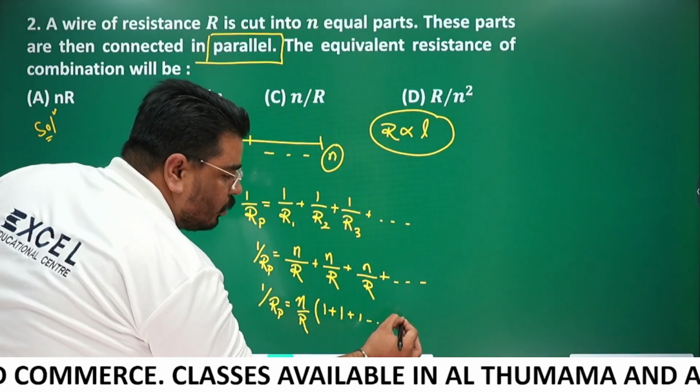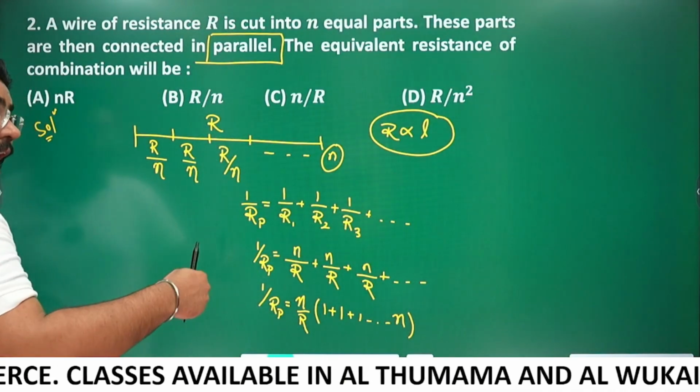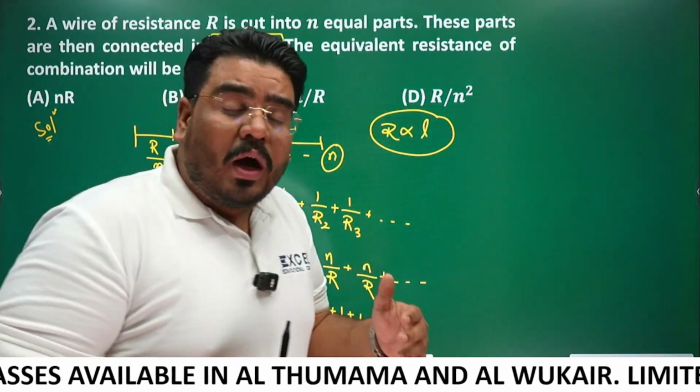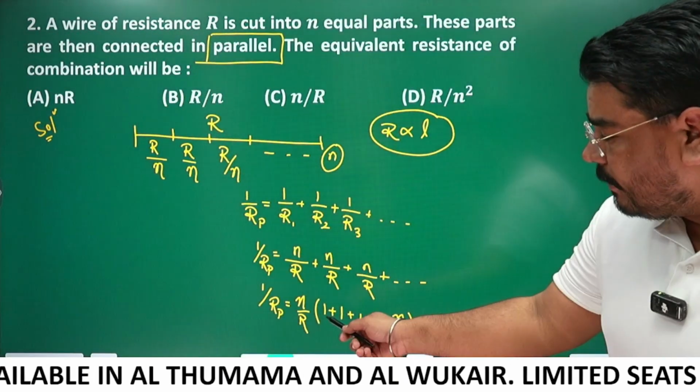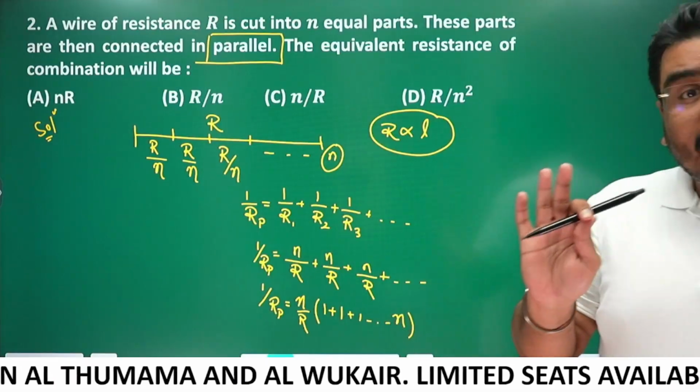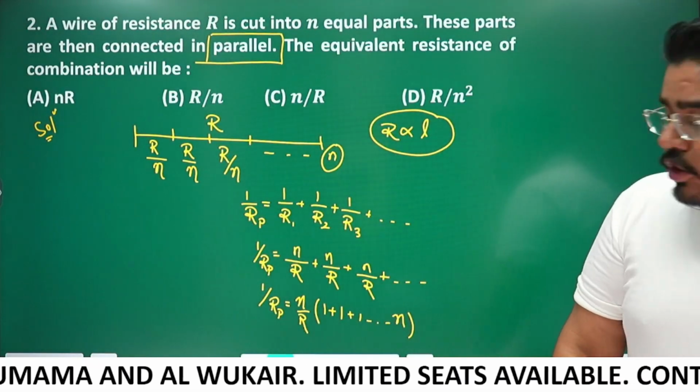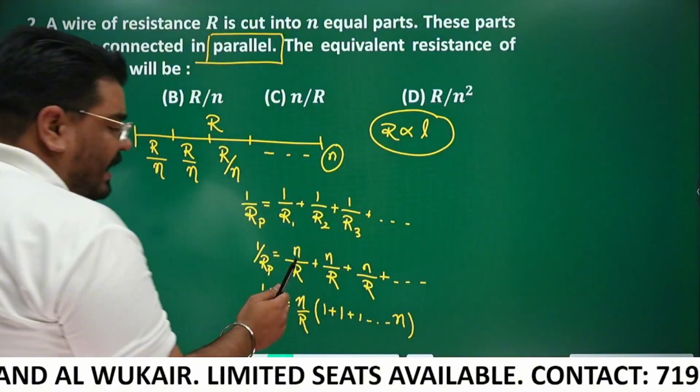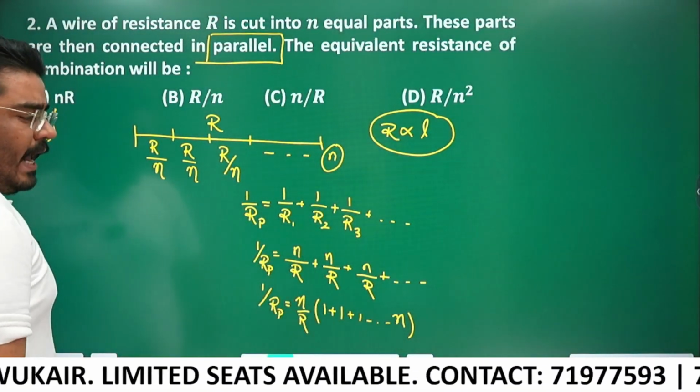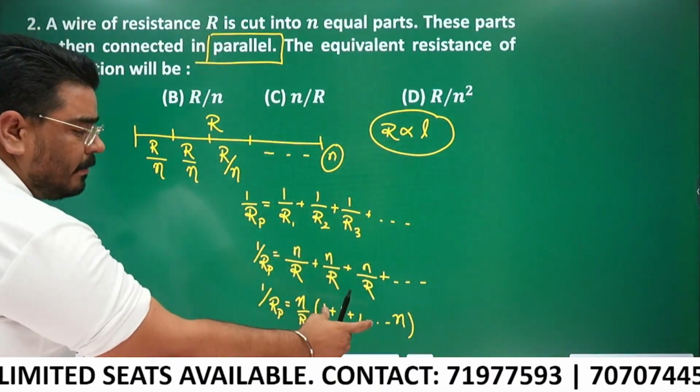How many? Total is n. So if I add all the 1s that we have over here, what will be the total, my friend? That total will be n itself. 1 added n times makes it n.